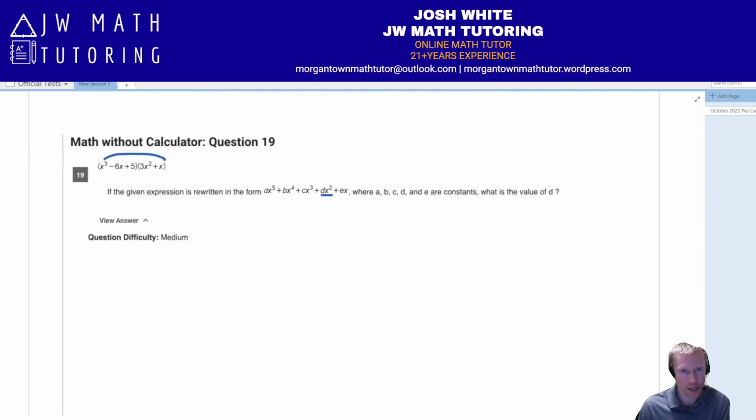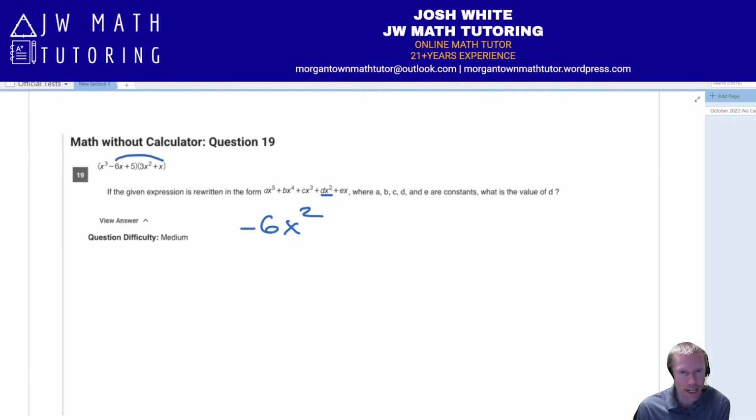X cubed times x, x to the fourth, don't need to do that. Here we have x times x squared, x cubed, don't need to do it. Next, x times x. Okay, that's going to be x squared, so now we'll multiply, and we should get negative 6x squared, okay, from here to here.